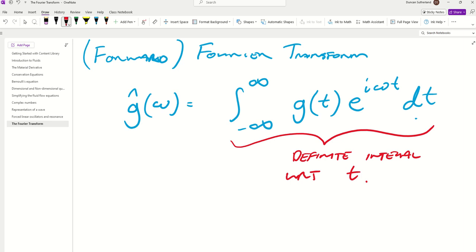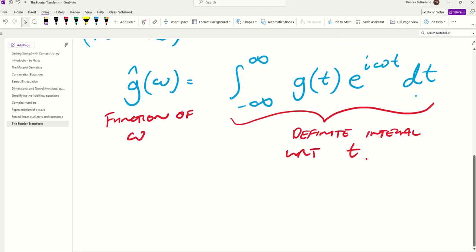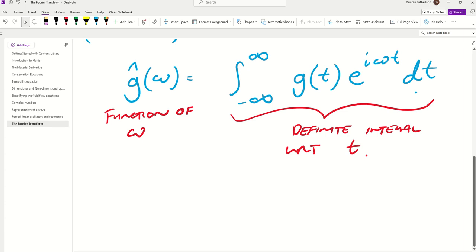So you're essentially using this integral to get rid of the time variable. Instead, what you're left with is a new function which varies with omega. So that's why you can think of these transforms as being a map between a temporal domain and a frequency domain, or equivalently a spatial domain and a wave number domain.